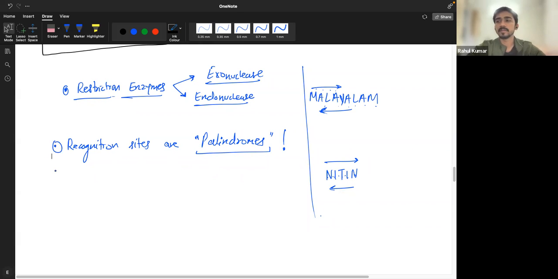So let's make a palindromic sequence. Can you come up with any sequence that is a palindrome? Let's keep it 6, just 6 base pairs, so that the 5' to 3' reads the same as 3' to 5'.